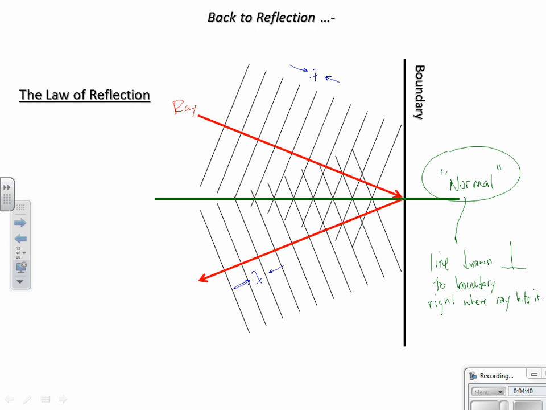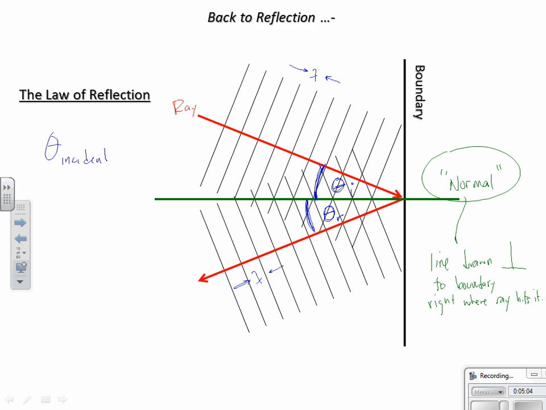The law of reflection says that this angle here, which we call theta incident, and this angle here, which we call theta reflected, are the same. That's the law of reflection.